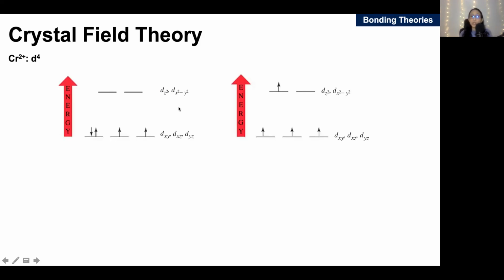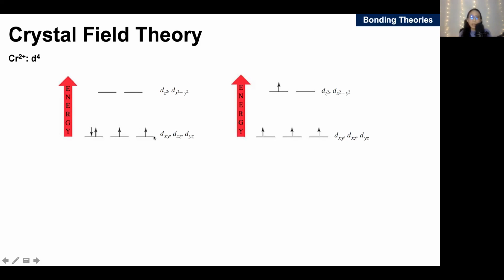So the question is, how shall we arrange the 4 d electrons of chromium? Because there are 2 possible ways to arrange them. One is still following the Pauli exclusion principle, wherein you initially fill your orbitals with 1 electron each. So 1, 2, 3.